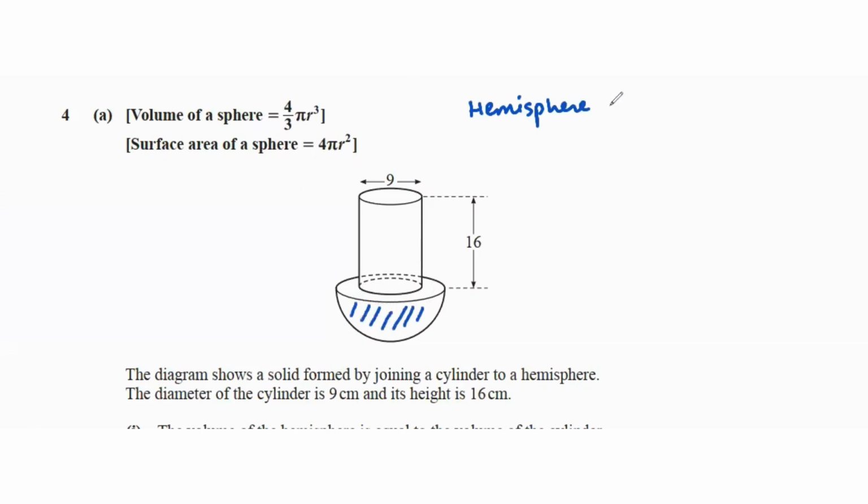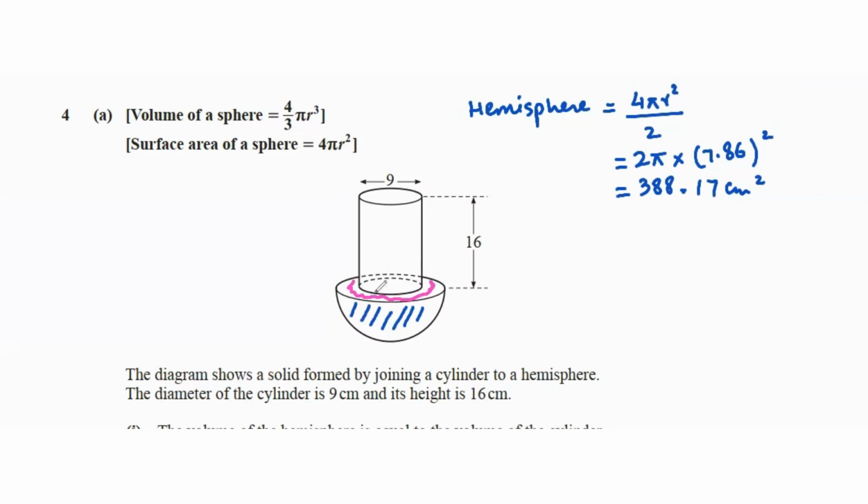So I'm going to color code this. This is going to be half of 4 pi r squared. So 2 pi, and r is 7.86, which we just found. So 7.86 whole squared. This is going to equal 388.17 centimeters squared.